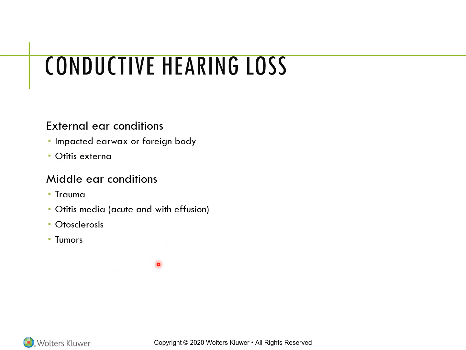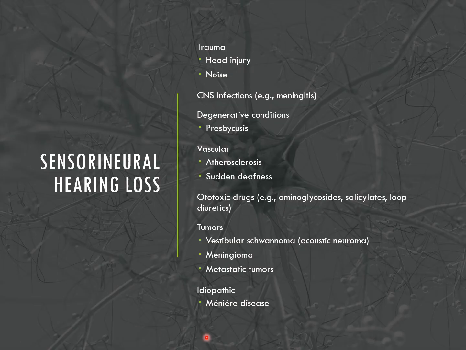It can be caused by otitis media, either acute or with effusion. It can also be caused by what we call otosclerosis, where those small bones inside of the middle ear start to sclerose and don't transmit sound as readily. And also tumors of the middle ear can occur.